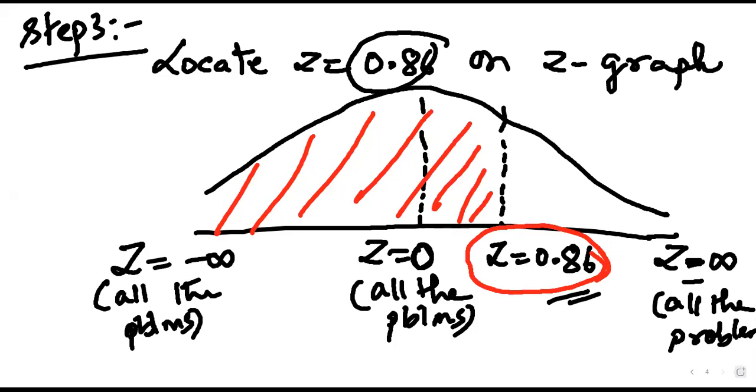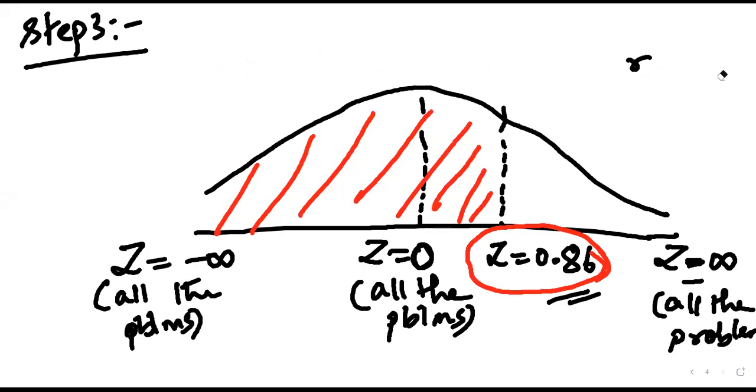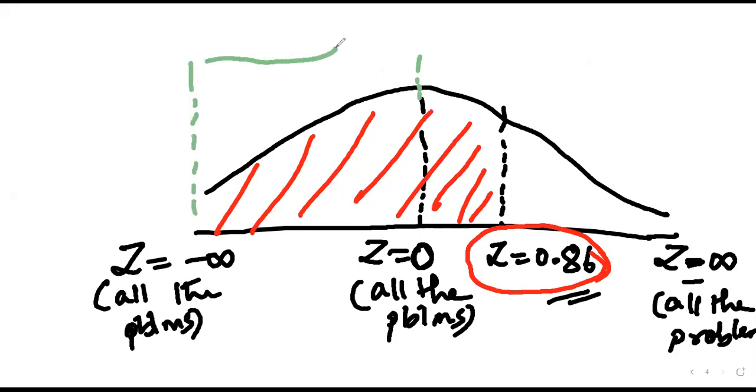Okay, so I'm going for the next screen. But before going to the screen, just tell me one thing. What should be the total area on the left hand side of the graph, from 0 until minus infinity? 0.5.